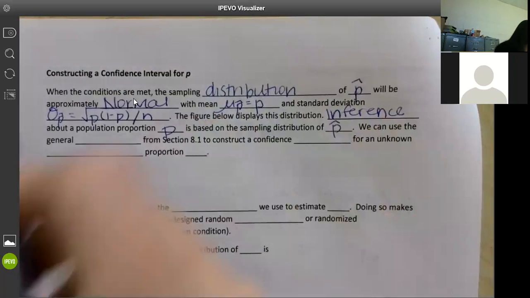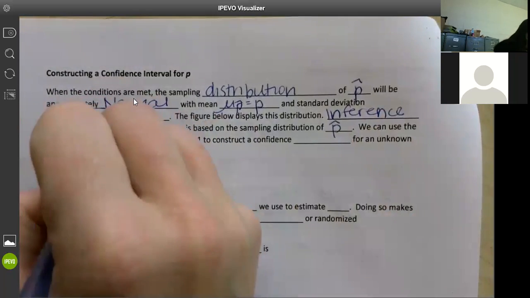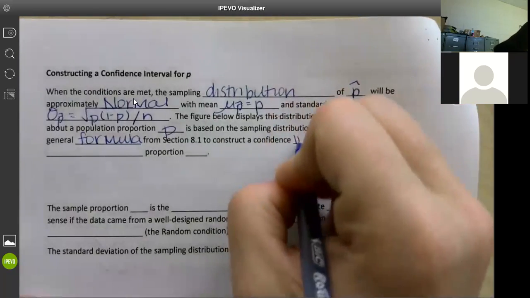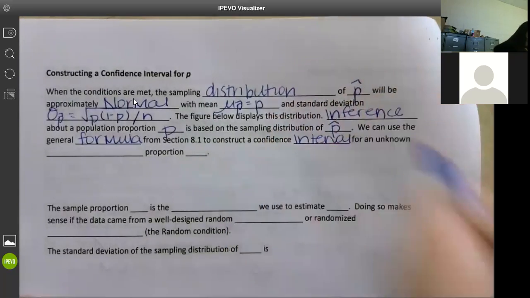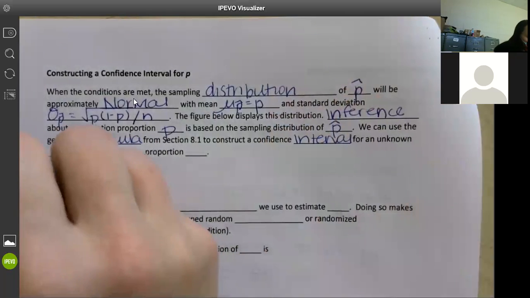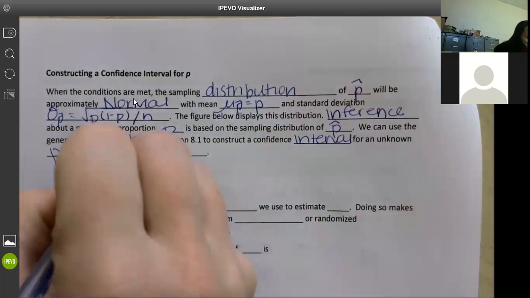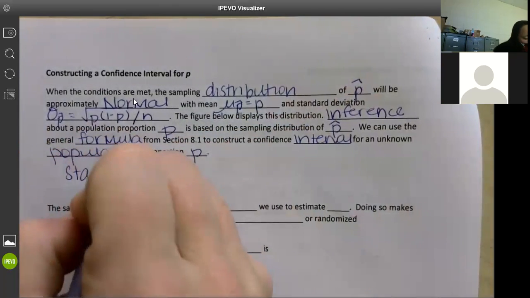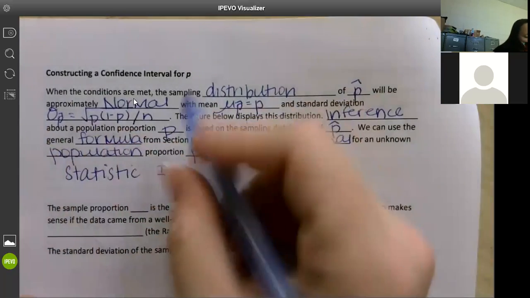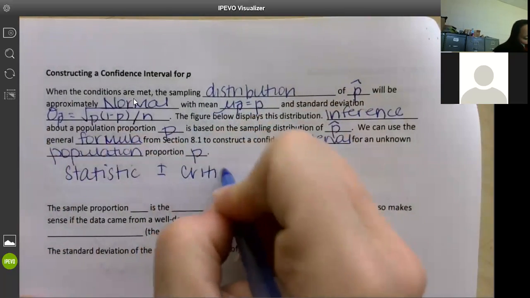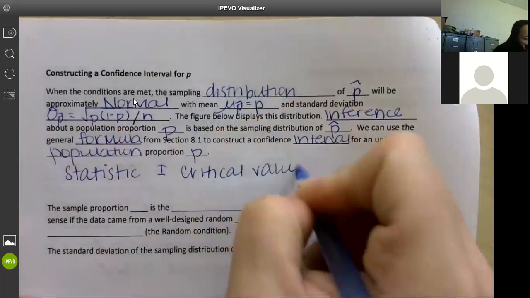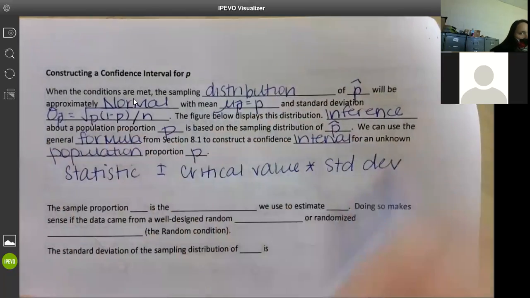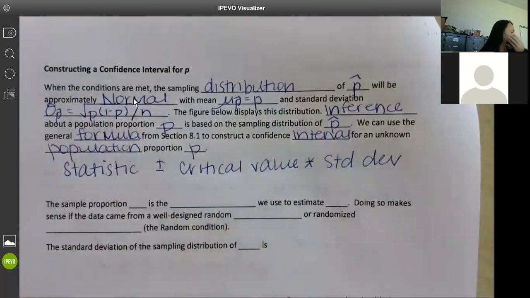We can use the general formula from section 8.1 to construct a confidence interval for an unknown population proportion P. Remember that formula was statistic plus or minus critical value times the standard deviation of the statistic.